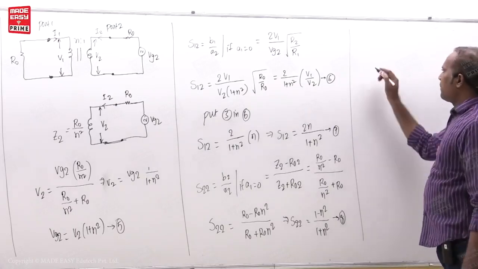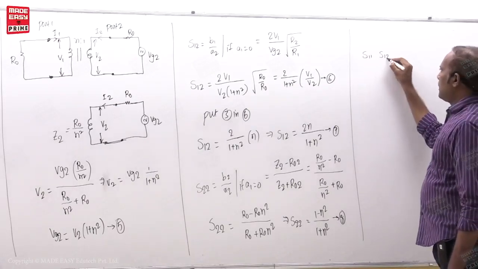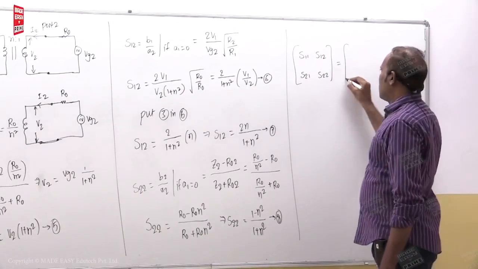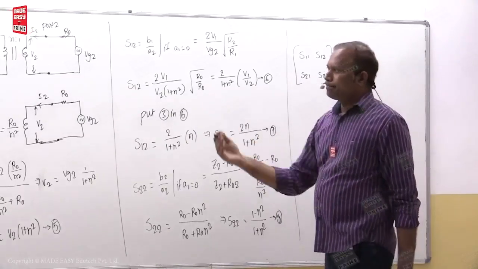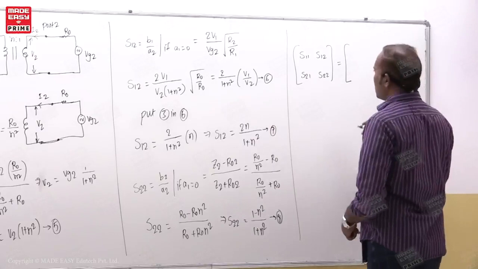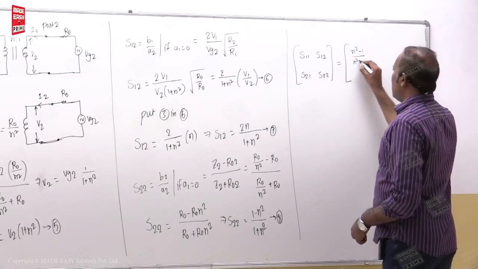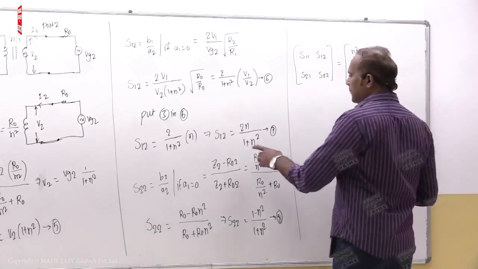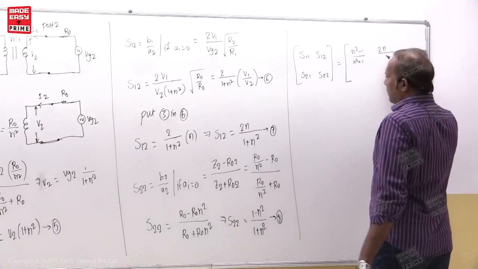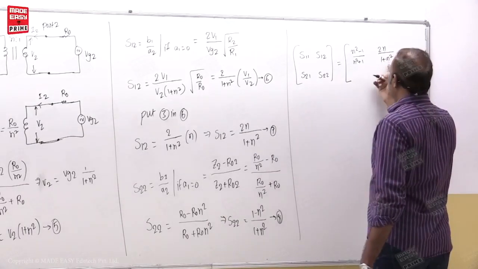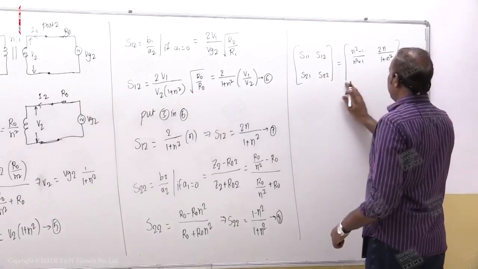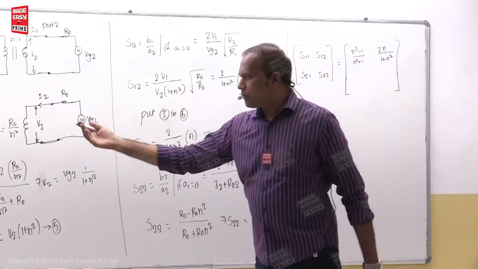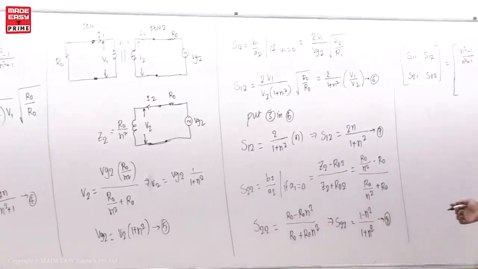After this, S11, S12, S21, S22. S11 is n square minus 1 divided by n square plus 1. S12 is 2 times n by 1 plus n square, otherwise n square plus 1. Next, S21 is equal to 2n by n square plus 1.